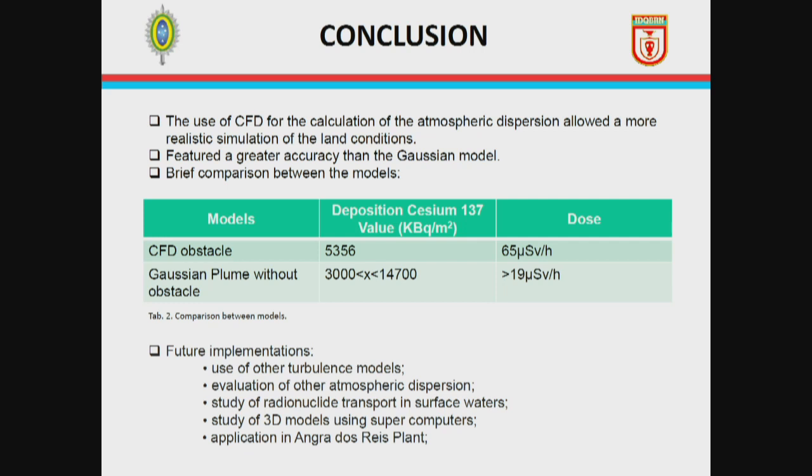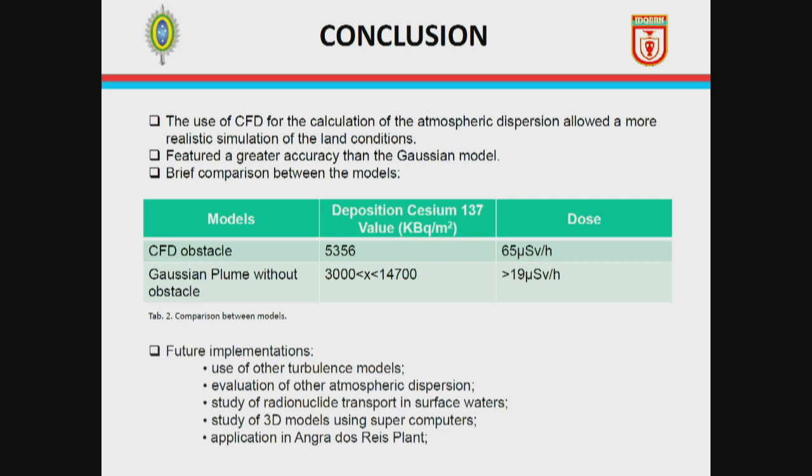And here we have a brief comparison between the models, CFD with obstacles and Gaussian plume without obstacles. So the future implementation of this work is the use of other turbulence models. In this work, we used the K-epsilon turbulence model.